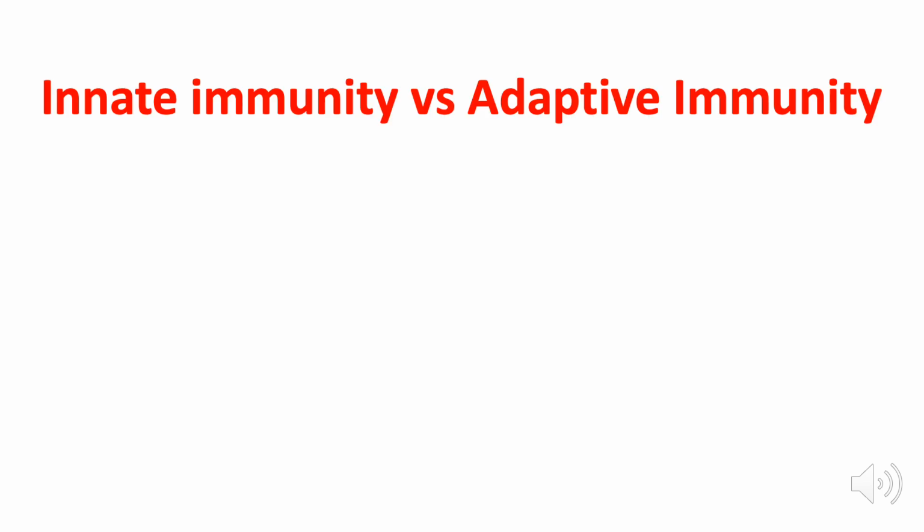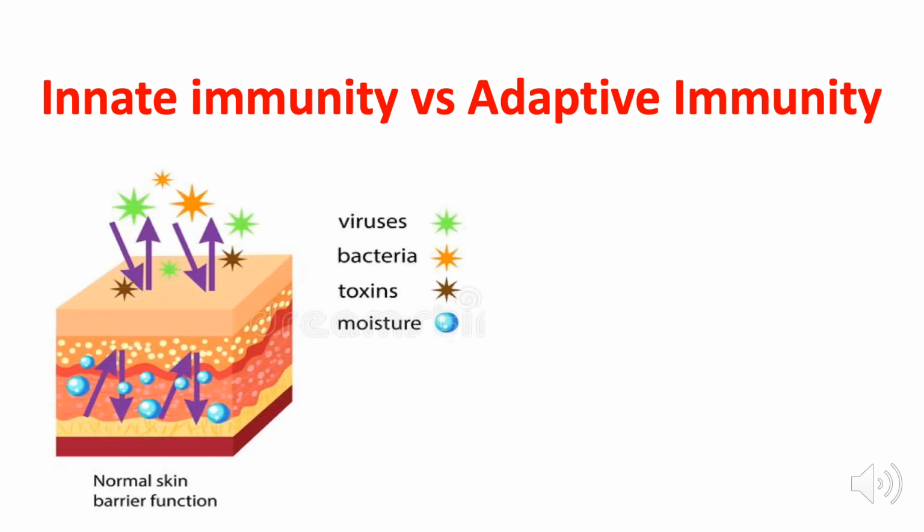For you to understand the discussions on innate immunity and adaptive immunity in the succeeding slides, I will first give you examples. Now, when you say innate immunity, aside from protecting us from a wide variety of microorganisms, this type of immune response is already present upon birth. And a good example I can give you is our skin.